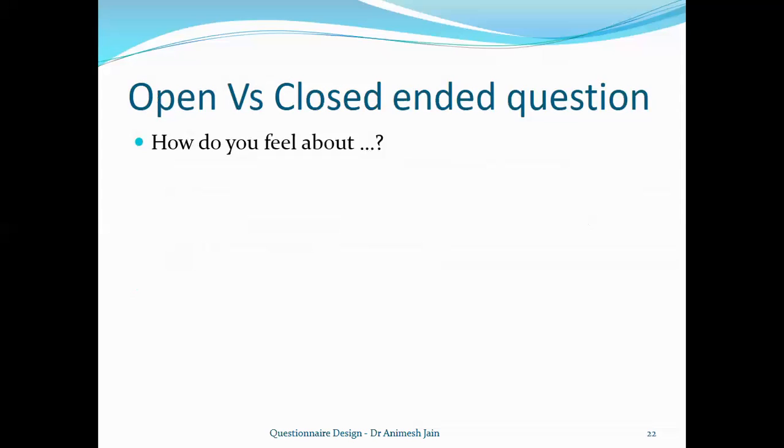Now, I'll give you some examples and some ideas. What happens is, when I put a question like, how do you feel about this particular webinar series, for example, I'm giving you a free hand to describe your feelings. But if I say, how satisfied are you with, now I'm already presupposing that you're satisfied.